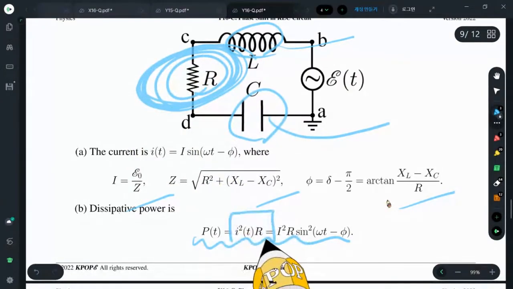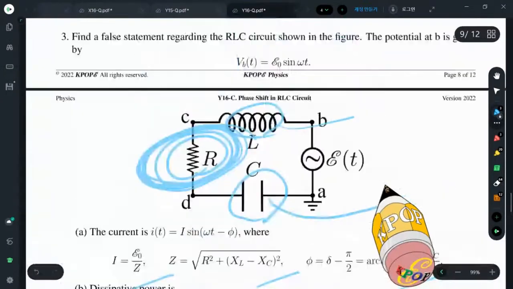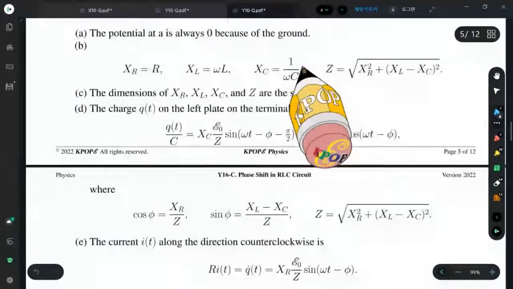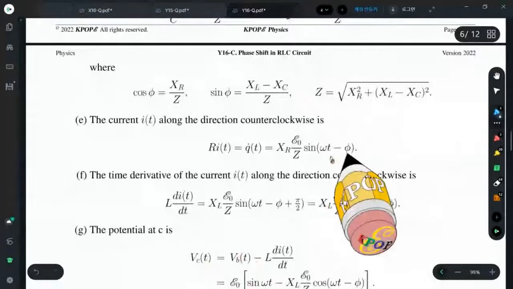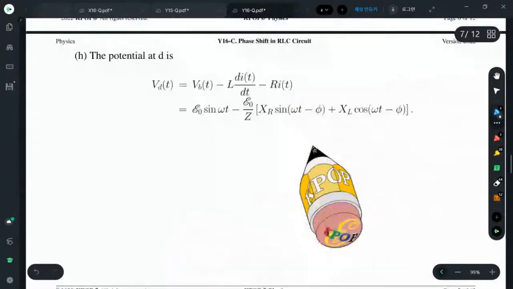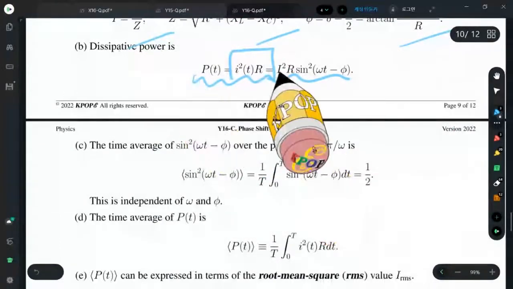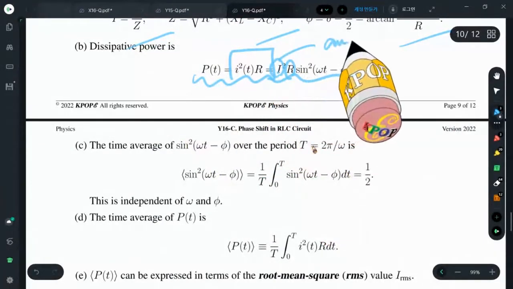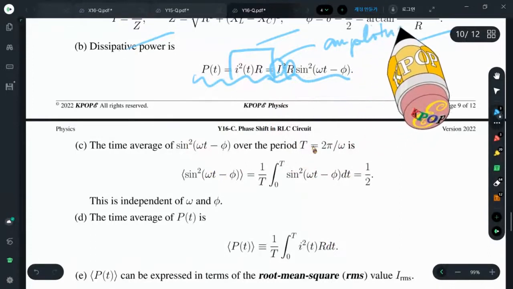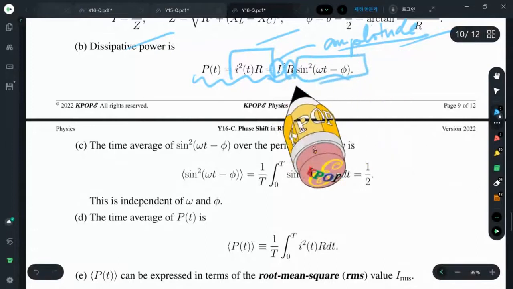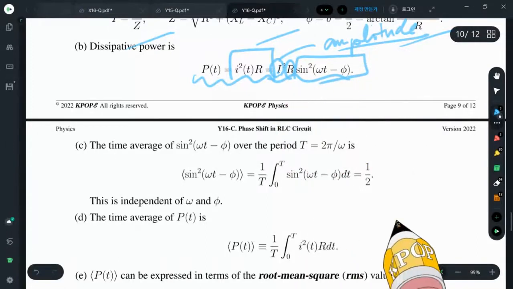I squared R. And once you know the solution, every solution is given above. Here, solutions are given, and these capitals represent the amplitude.